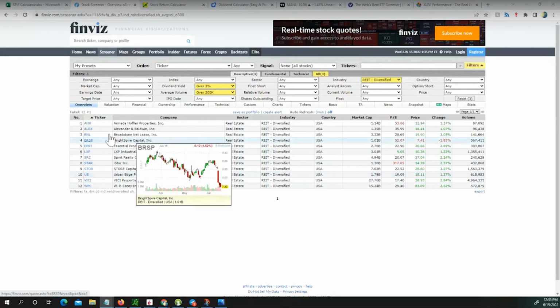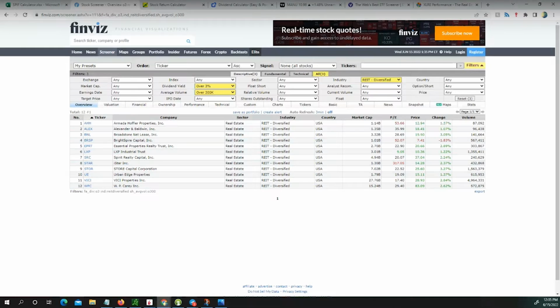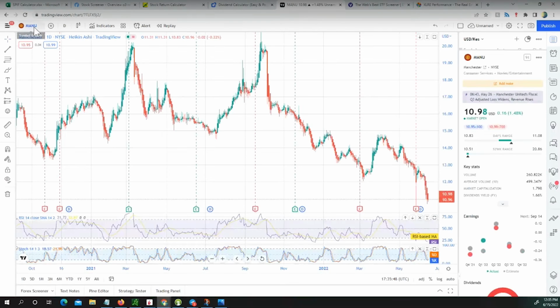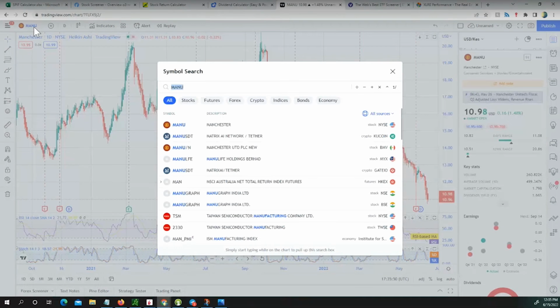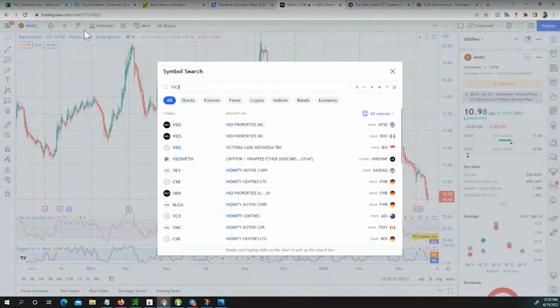And remember the process. You go to TradingView, then you search for that VICI. And it will show you VICI Properties Incorporated. Make sure it's NYSE, New York Stock Exchange. If not, it's NASDAQ. But the symbol must match the stock exchange. So this is the one you're looking at.